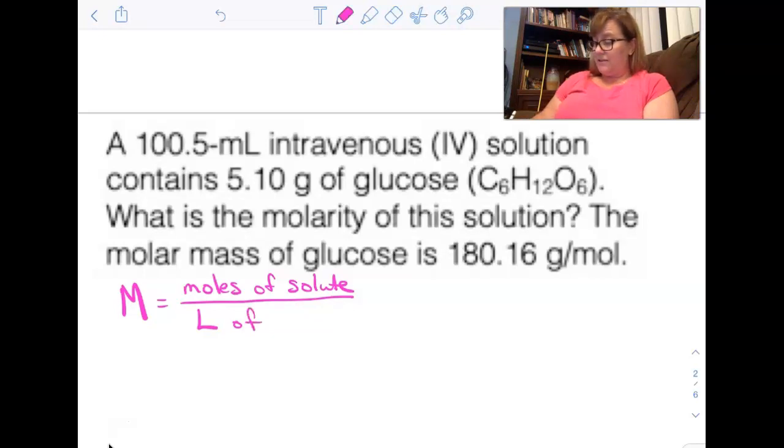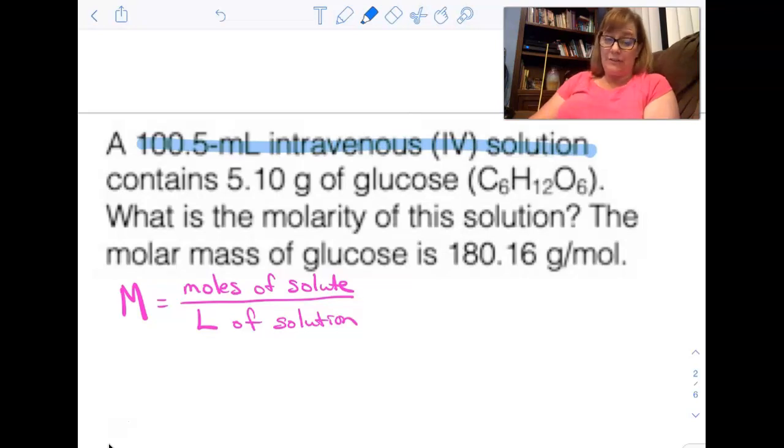Liters of solution. So we have to look at this. One of the nice things in these problems is they often will identify the liters of solution. If you notice, 100.5 milliliters of IV solution. So that's going to be your denominator.